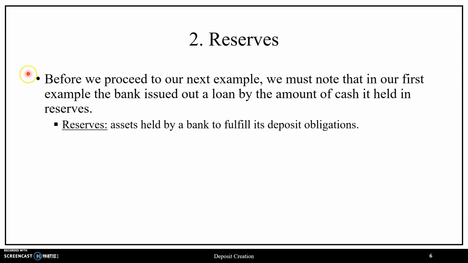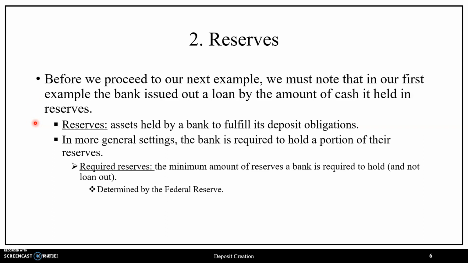With our example covered, before we proceed to our next example, we must note that in our first example, the bank issued a loan by the amount of cash it held in reserves, where reserves, once again, are defined as assets held by a bank to fulfill its deposit obligations. In more general settings, the bank is required to hold a portion of their reserves, which we'll denote as required reserves.